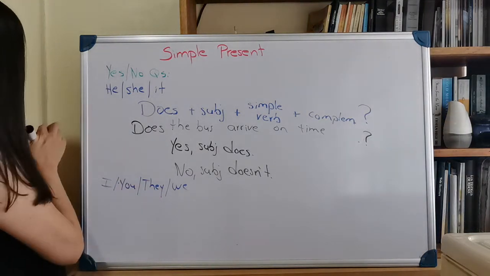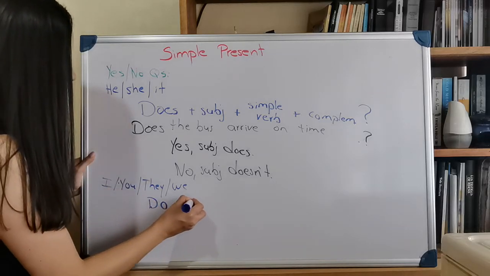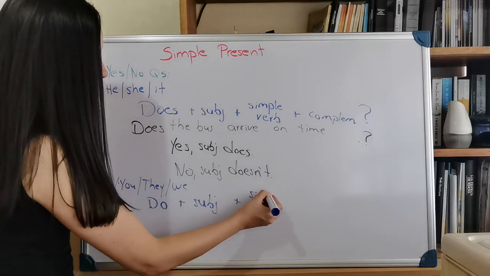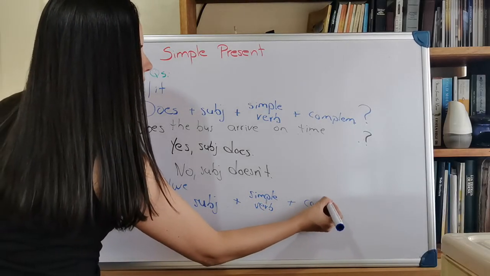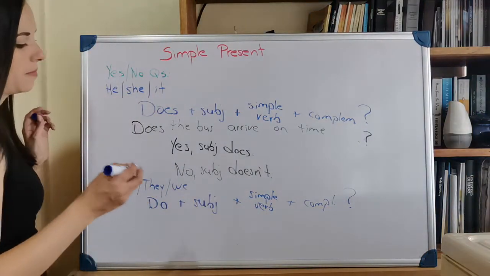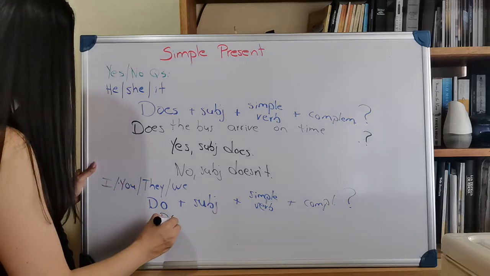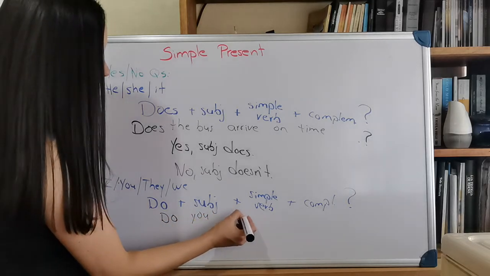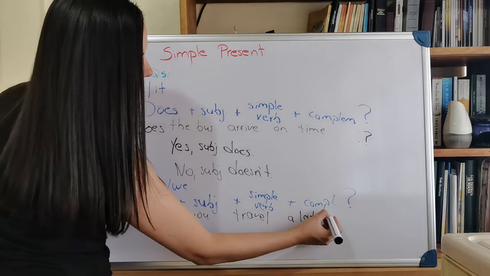We say do plus the subject plus a simple verb plus complement, and never forget the question mark at the end. Okay. So we can say like, do you travel a lot? Simple verb, complement, and question mark.